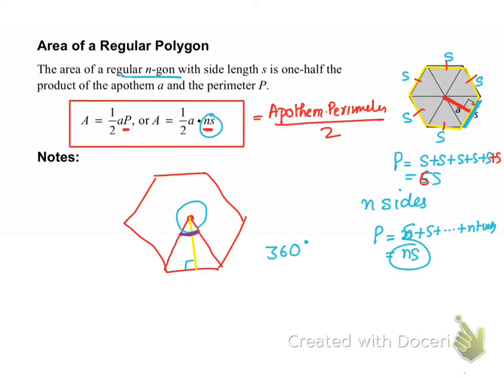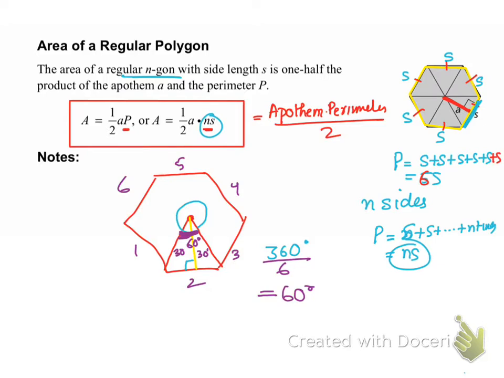Because it has 6 sides, 1 2 3 4 5 6, and it's a regular polygon, so this angle is 360 over 6, that is 60 degrees. So it's 60. And when I just want this part, that is 30, and this is 30, because it becomes an angle bisector, because it's perpendicular and at the same distance, so it's going to be 30.